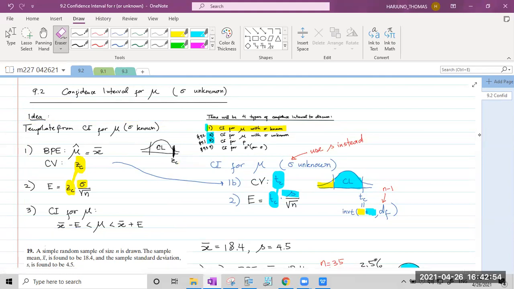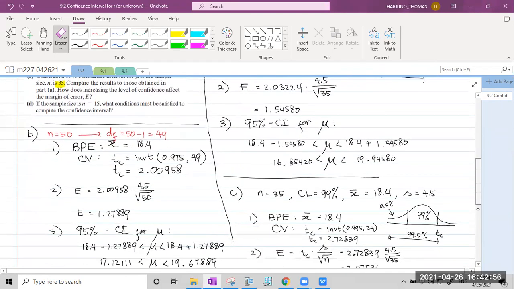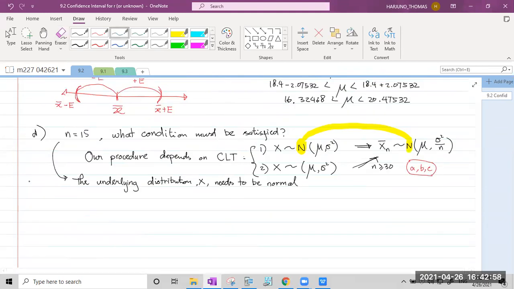Okay. Now, how do we confirm our result using the calculator?